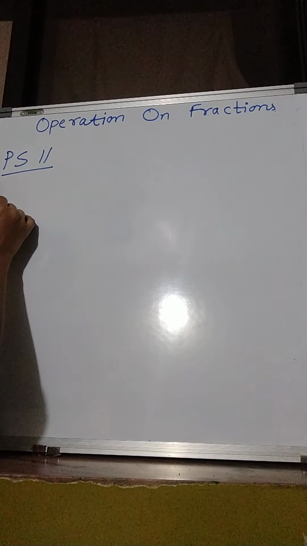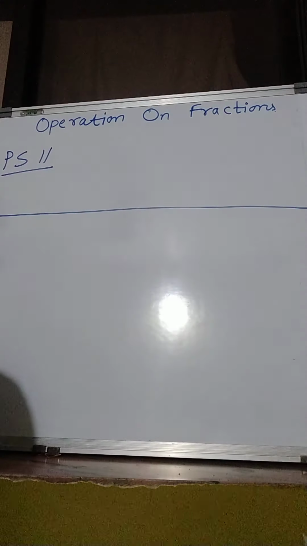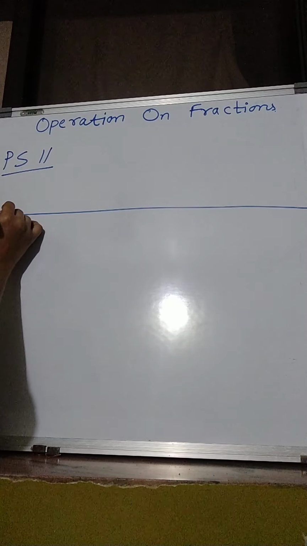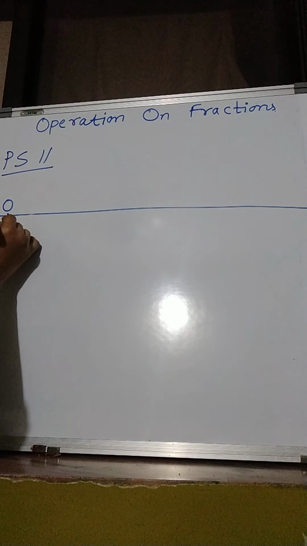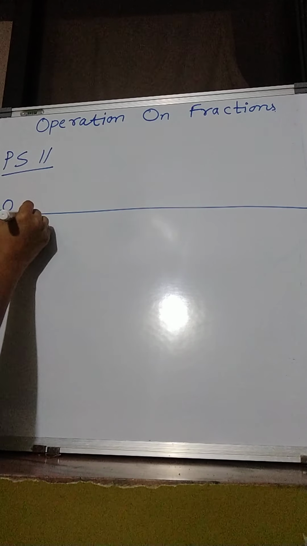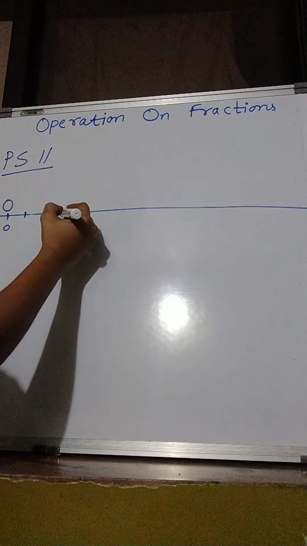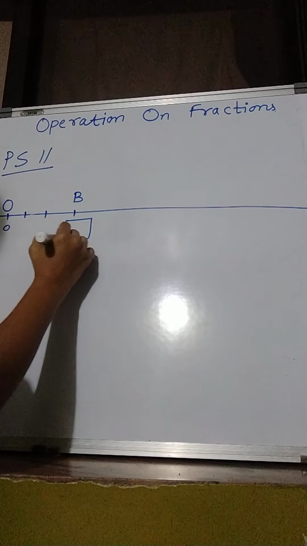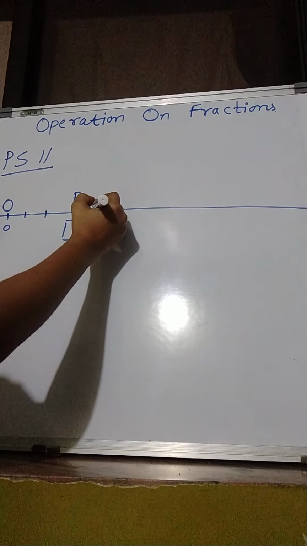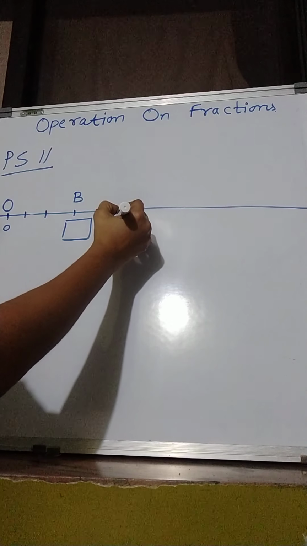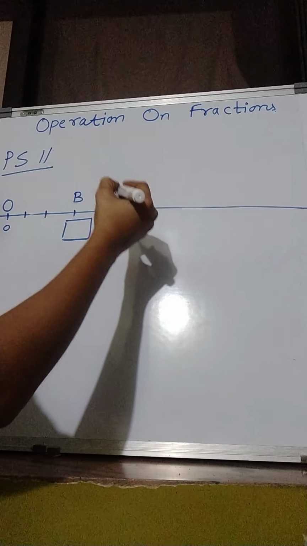Now see, in the third sum, first your 0 is there, that is 0. Then 1, 2. Then your B letter is given. Then 1, 2, 3.